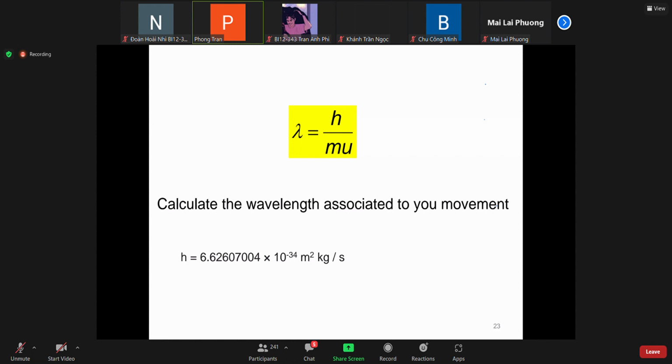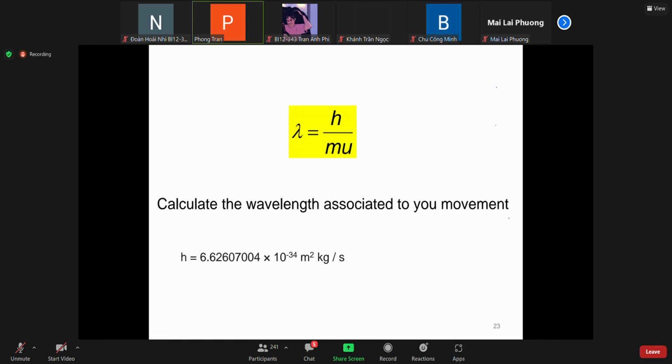If you take this funny calculation, you pick one guy who can run 100 meters in 10 seconds, about the best world record now. That means the velocity is equal to 10 meters per second. And assume that this guy has a mass of 80 kg.